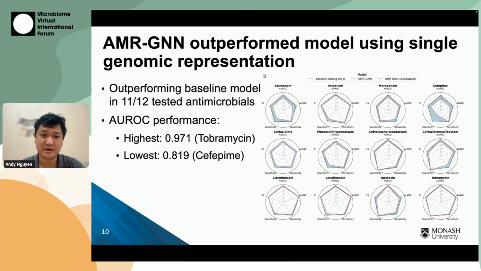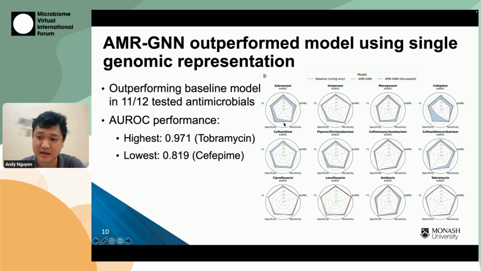And by using the unitig model as the baseline, we can see the AMR-GNN models as the ones with the orange line here. The baseline model is the one with the pink line, as you can see.